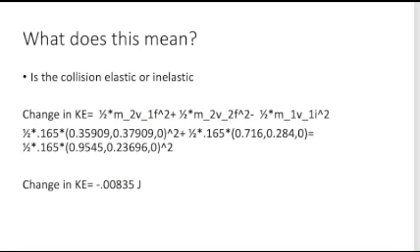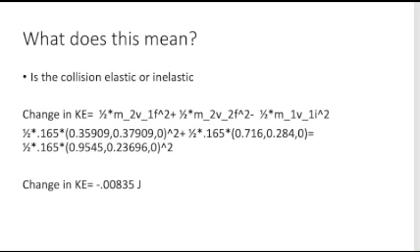After examining the data, we can figure out if this collision was elastic or inelastic. We figured this out by figuring out if there was a change in kinetic energy. To figure out the change in kinetic energy, we take the final kinetic energy minus the initial kinetic energy. The final kinetic energy of the system is the kinetic energy of the black ball plus the kinetic energy of the red ball.